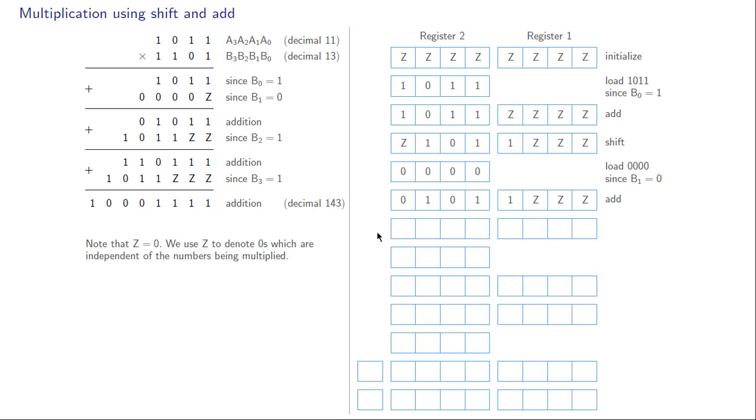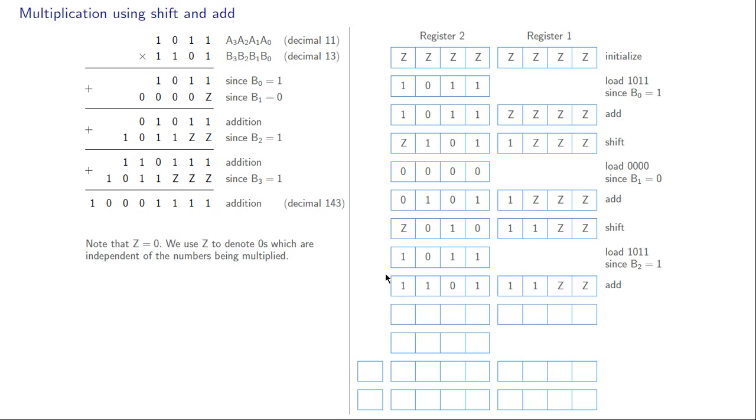And we keep repeating this process until we reach B3. So next step, shift right one bit. So this 0, 1, 0, 1, 1 has come here, and 1, 0 has got padded from the left. Now we load 1, 0, 1, 1 since B2 is 1. That corresponds to this step here.